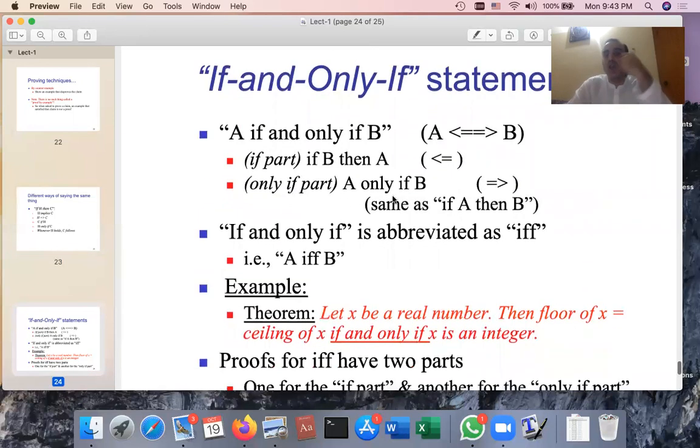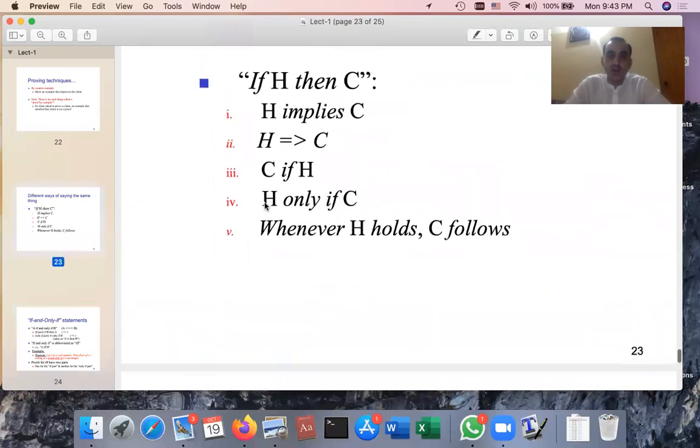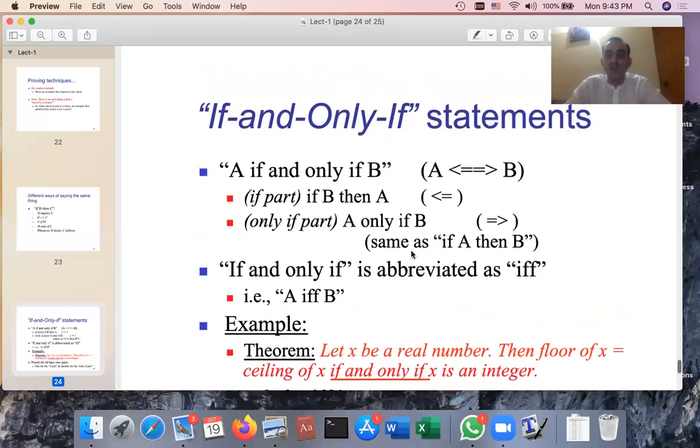So "A only if B" has the arrow towards the right-hand side, and it is very similar to "if A then B." We know this is equivalent to "if H then C," so that's why it is written here the same as "if A then B." These two things are the same.